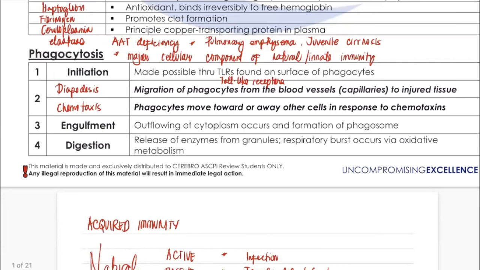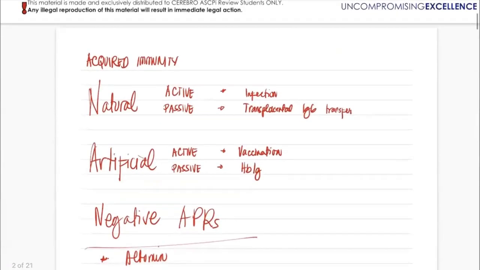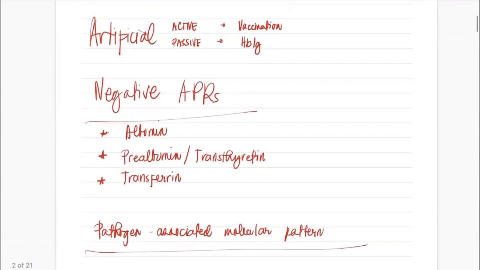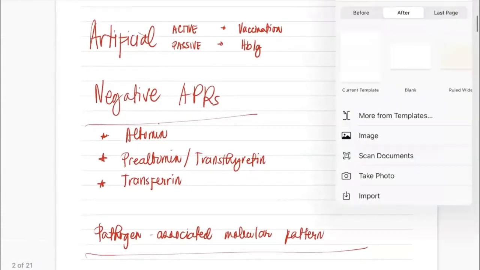Ano tawag natin sa sakit na yon? Okay? Ano tawag natin sa sakit wherein our neutrophils cannot mount an oxidative burst. That's why if you have this, nagkakaroon ng recurrent severe bacterial infection.